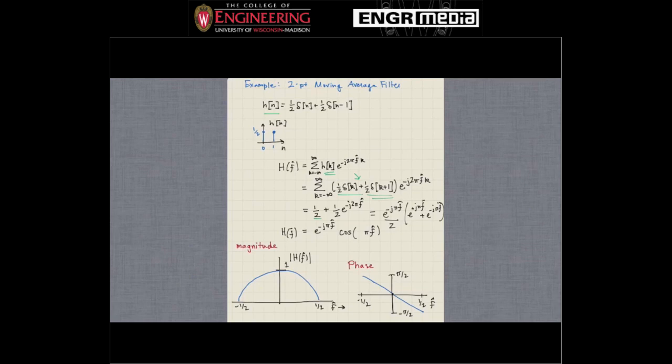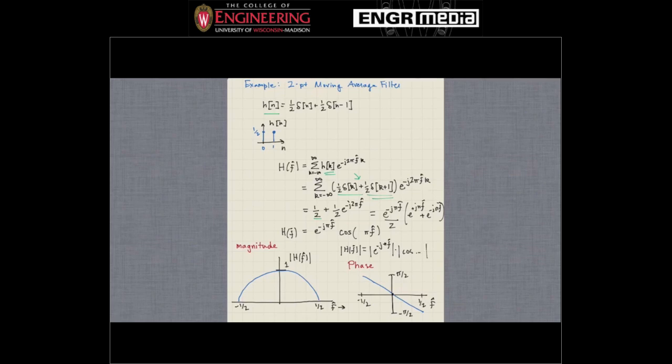So we can write that as the absolute value of e to the minus j pi f hat times the absolute value of cosine.